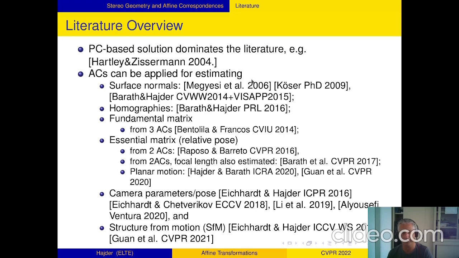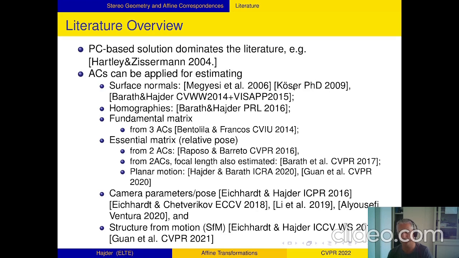Maybe the first paper was written by Zoltán Megyesi in 2006, which deals with the estimation of the surface normal from the affine correspondence, affine parameters, but in that case rectified stereo images are used, so this is a special problem.